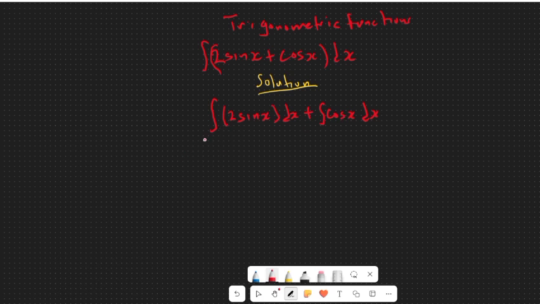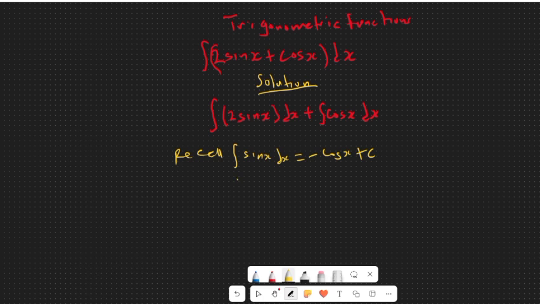Now in other trigonometric functions, if you integrate sine, it's going to give you minus cos. Integration of sine, the antiderivative of sine x dx, will give you minus cos x plus c.